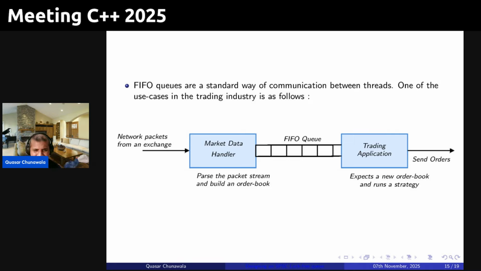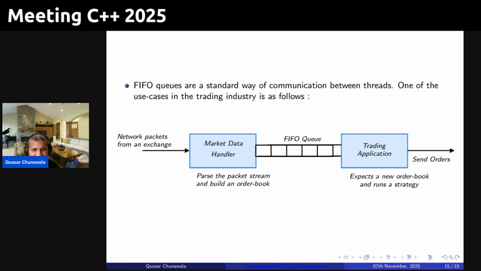One thread is a market data handler thread, which is constantly listening for network packets from an exchange place. And then there's a second thread, which is the actual trading application, which will run a certain trading strategy and send out orders to the exchange.